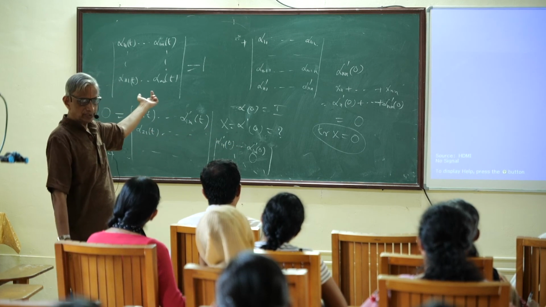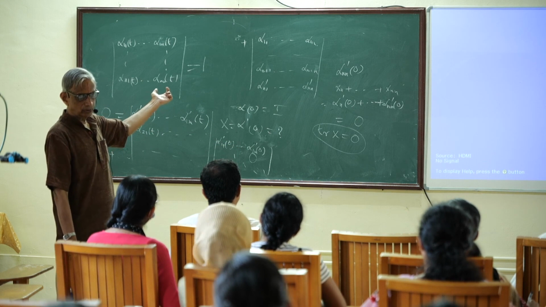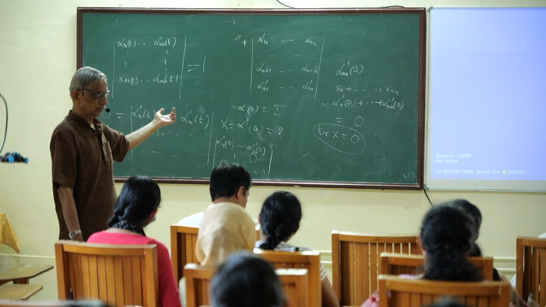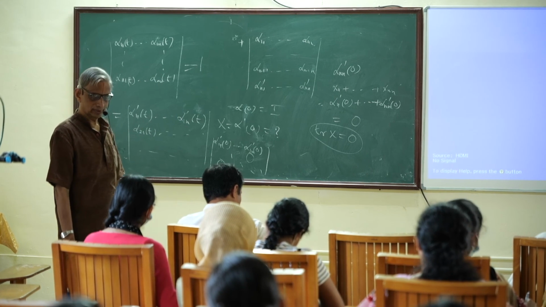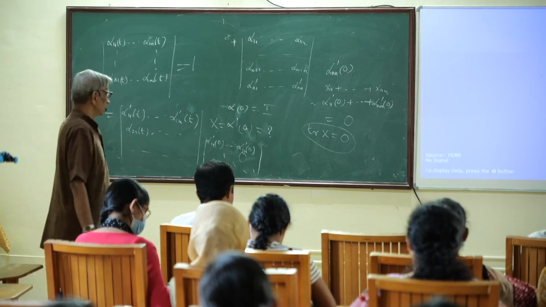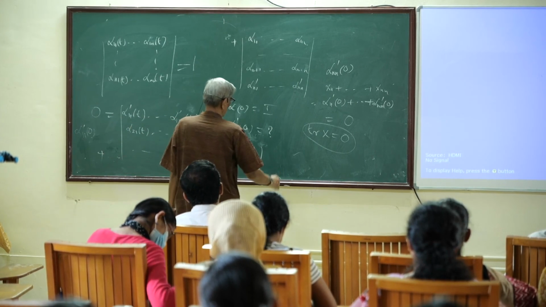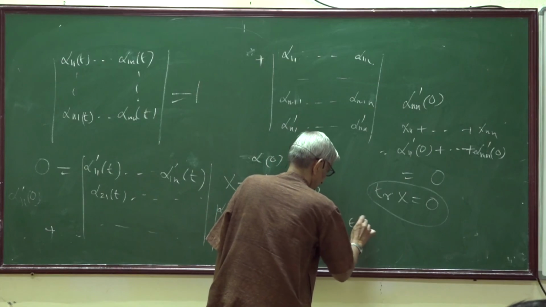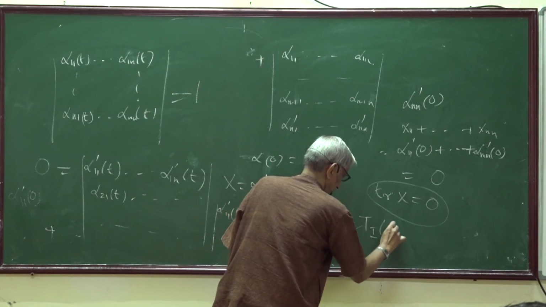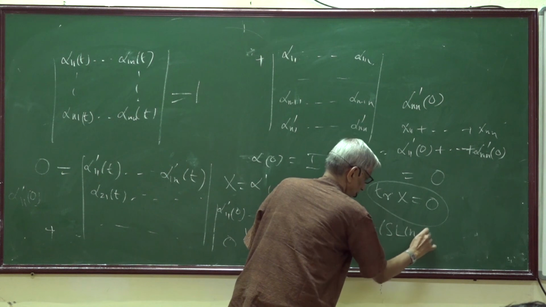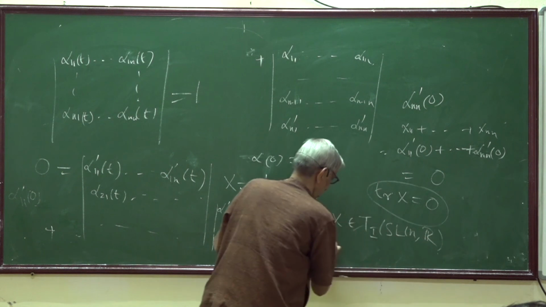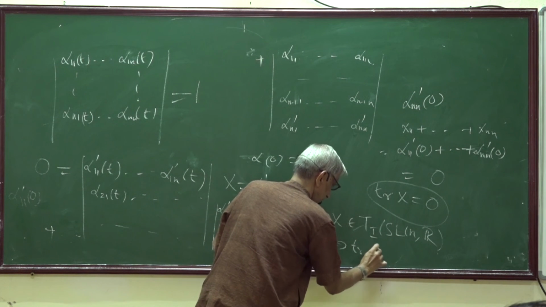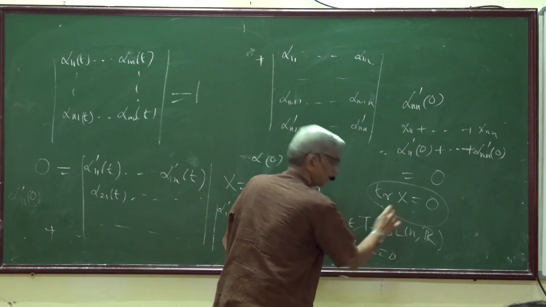And conversely, as we have seen earlier, if you have a matrix of trace 0, then it is a tangent vector, right? So X in the tangent space of SLN implies trace of X equal to 0. That's what we have arrived at here.